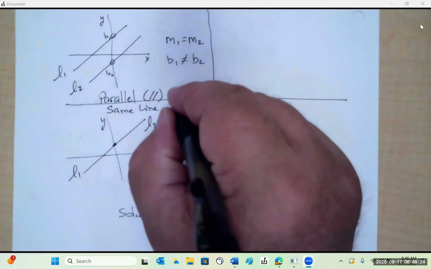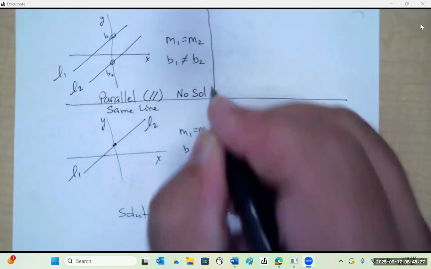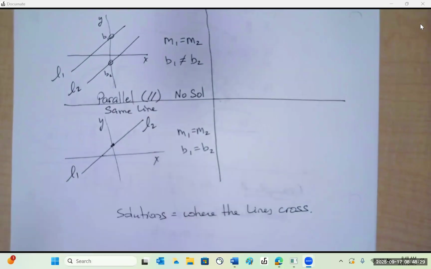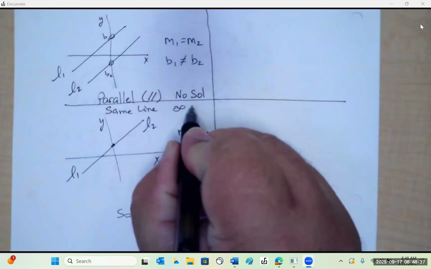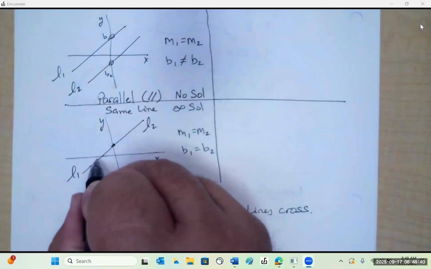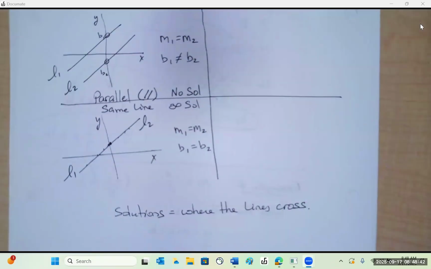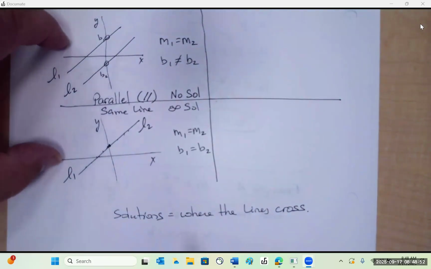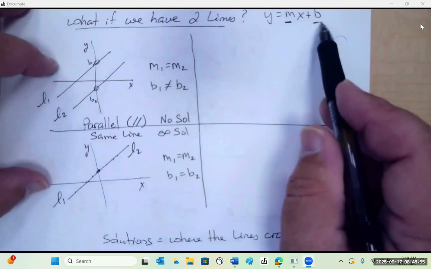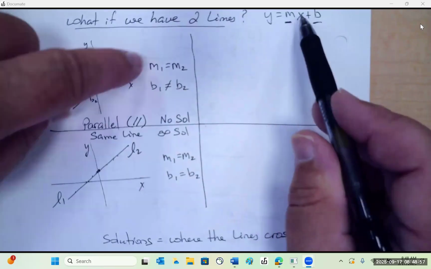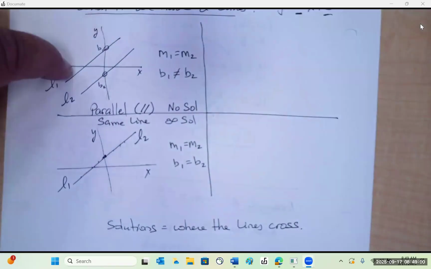No solutions, because they never intersect. How about the same line ones? Infinite solutions. Every point is a solution. Every point you see is a solution. So if I give you two equations, two lines, solve them for y, and compare the slopes. If the slopes are the same, then they're either going to be the same line or parallel lines.